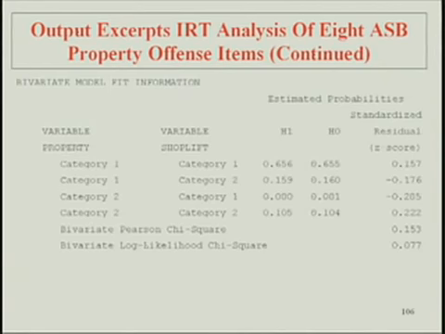So that's how you read these numbers. They're the cells of the table, and we look at the standardized residual to see which cell might have a problem. Once again, you're looking for something large. Here we don't see any problems. They're all less than 1.96, for example, if you choose that as your critical value.